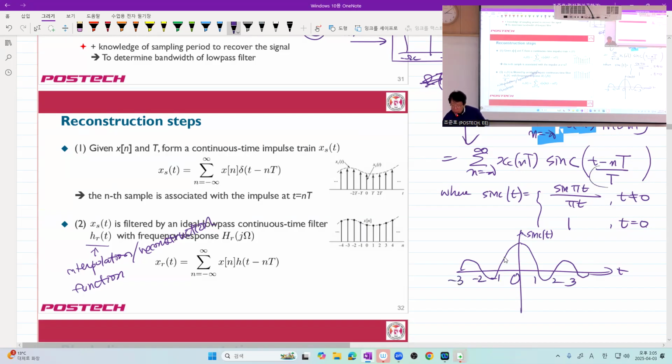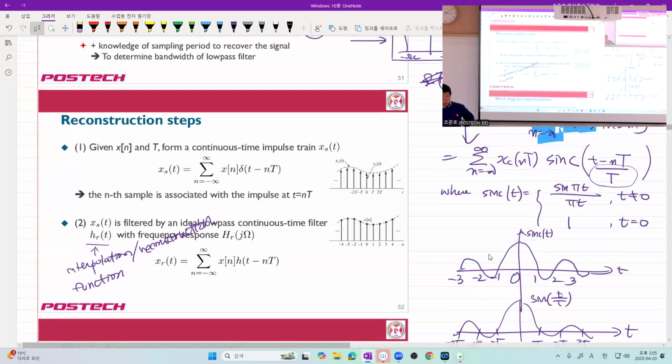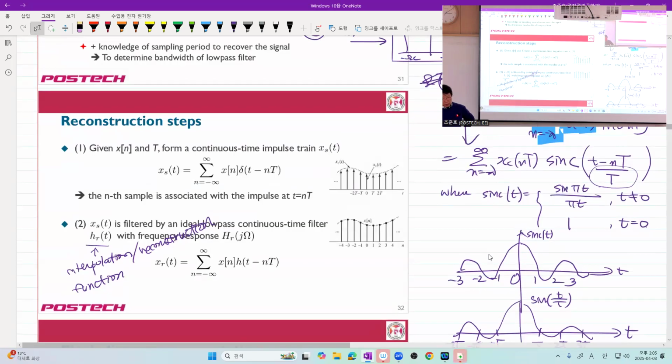And now you have this scaling. So what happens? Sinc of t over capital T crosses the x-axis at every integer multiple of T.